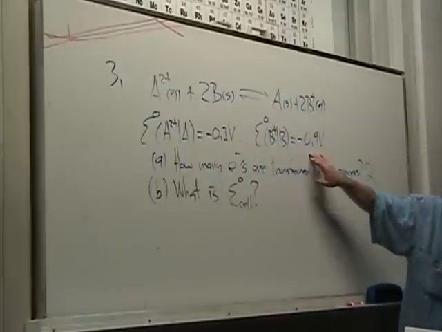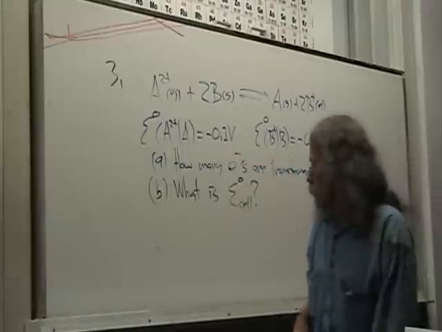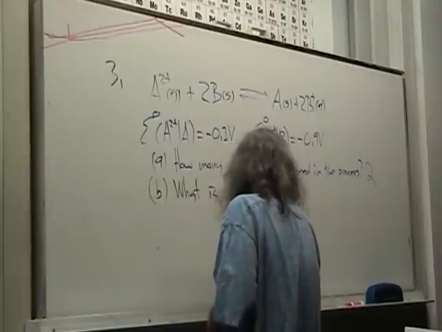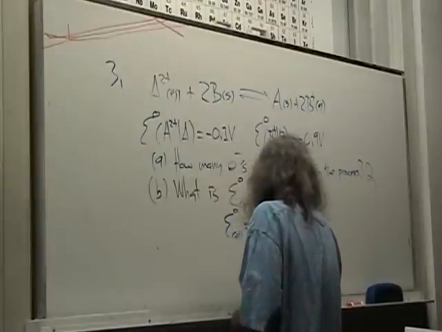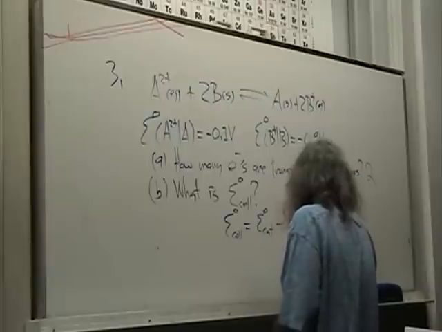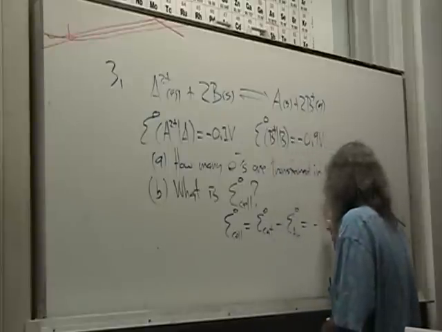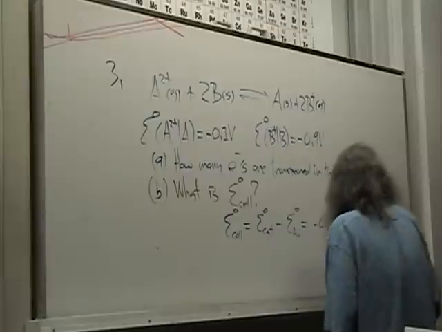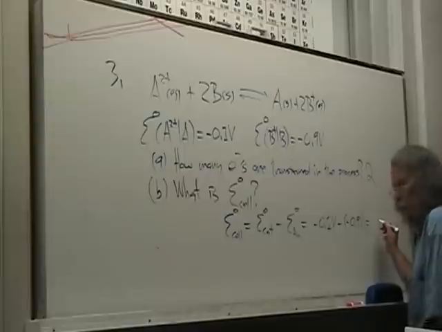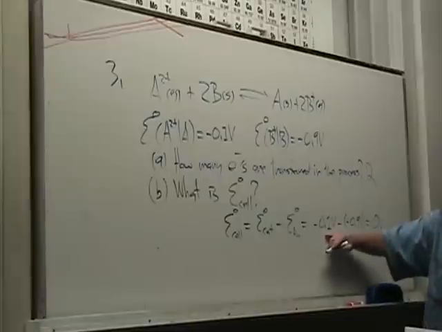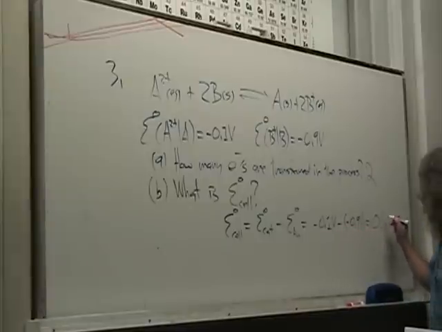This is minus 0.9. This is minus 0.1. So E cell is minus 0.1 volts minus minus 0.9 volts. A minus a minus is plus, so it's 0.8 volts.